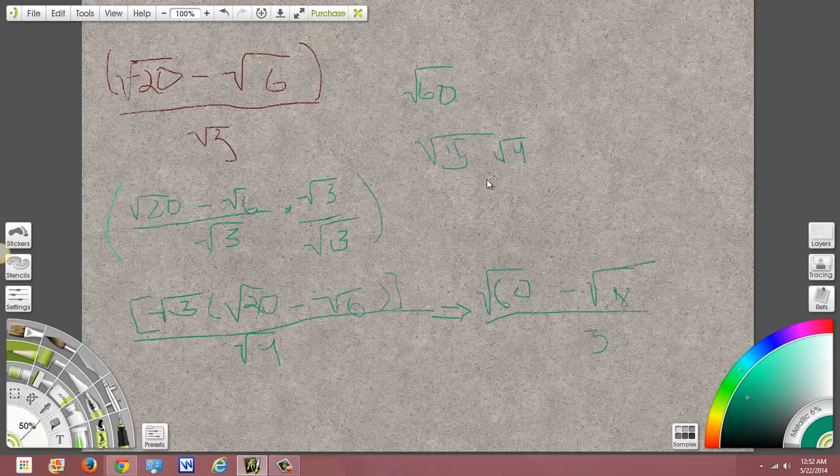The square root of 4 is 2, so we get 2 root 15 minus, what is the square root of 18? 18 is 9 times 2, and the square root of 9 is 3, so that's 3 root 2. So we have 2 root 15 minus 3 root 2, divided by 3, and that is the answer.